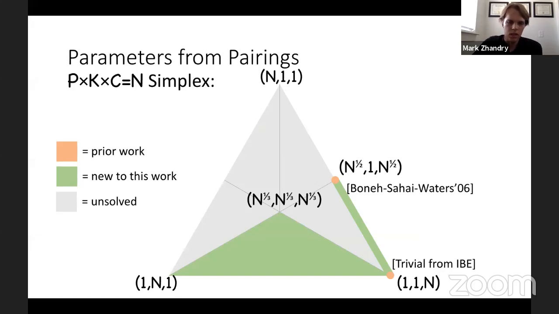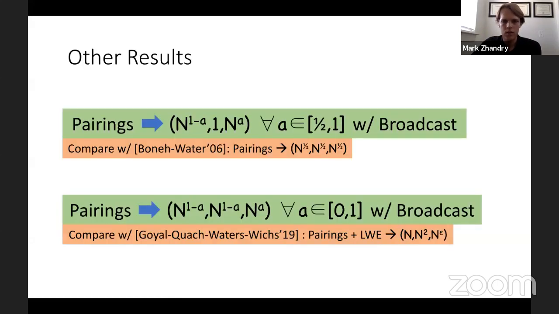Perhaps the most interesting points here are the spot in the center where all public key, secret key, and ciphertext size are cube root n. And on the bottom left-hand corner where we get to constant size public keys and ciphertext, albeit linear size secret keys.